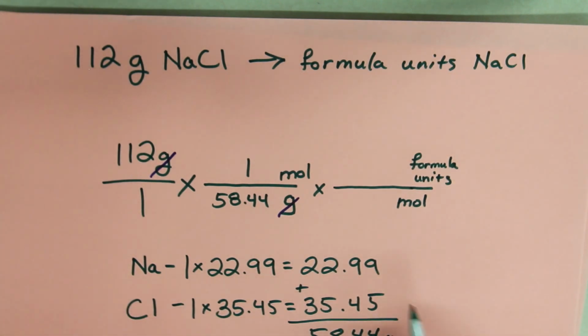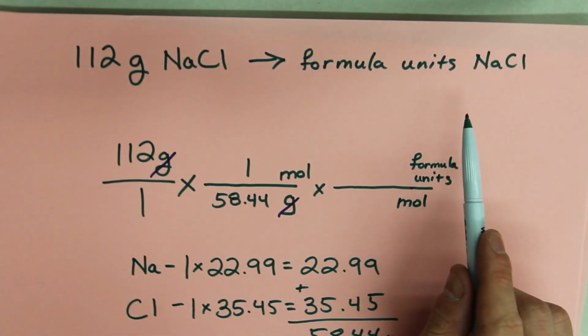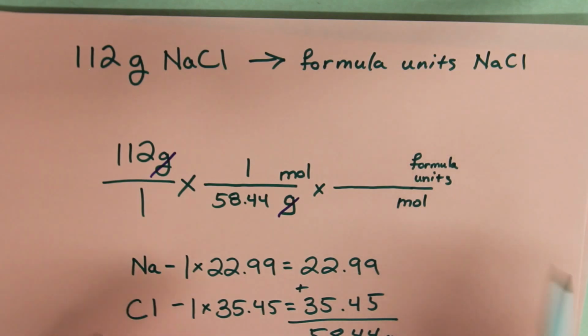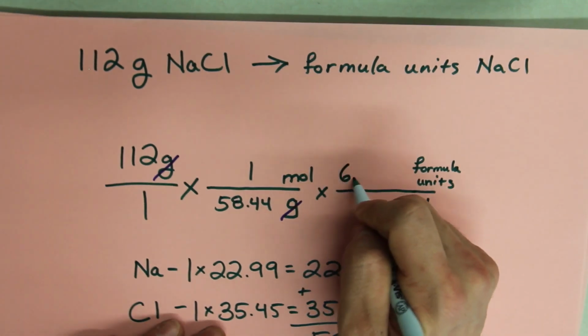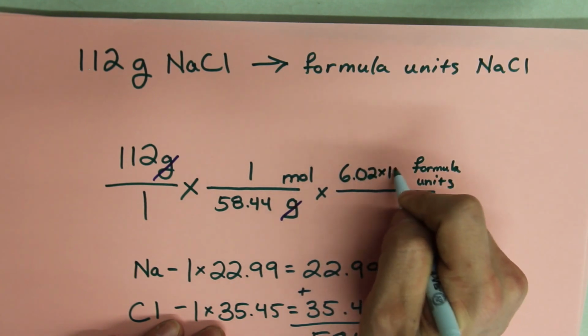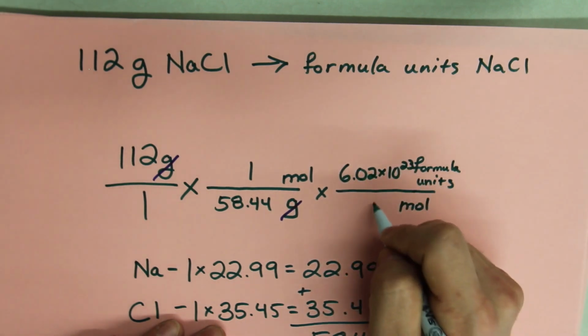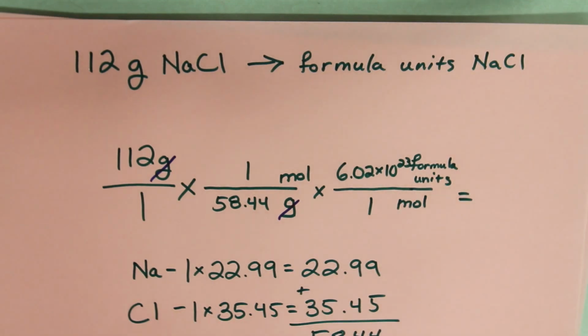This is where it doesn't matter about our mass of NaCl, our molar mass. In any compound, any molecule, any atom, any ion, we're always going to have that same number of 6.02, Avogadro's number, times 10 to the 23rd in 1 mole, no matter what.